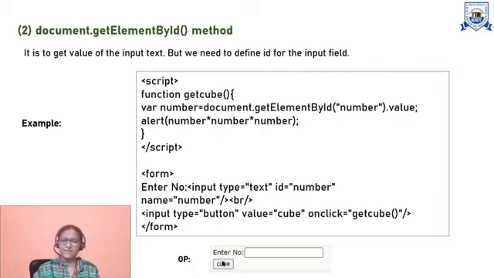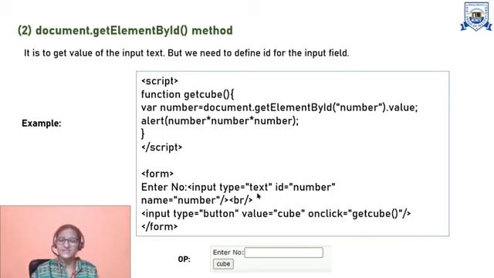Next we have created a button with cube written on it, and as soon as we click, the getCube function will be executed. What is it going to do? It will perform document.getElementById. Though we have given the name, here the statement is getElementById, and the ID is number, which we provide in its brackets, followed by .value.